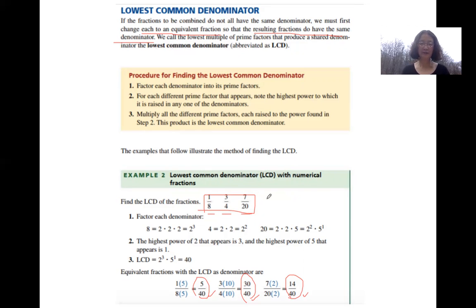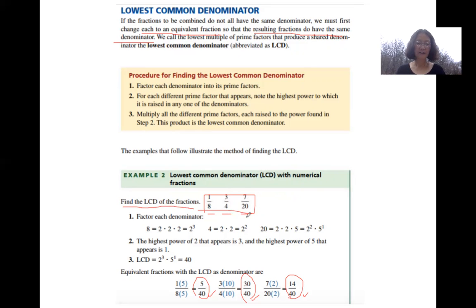So let's do this example to illustrate the procedure of how you find the common denominator for different fractions. The question: find the lowest common denominator of these fractions.